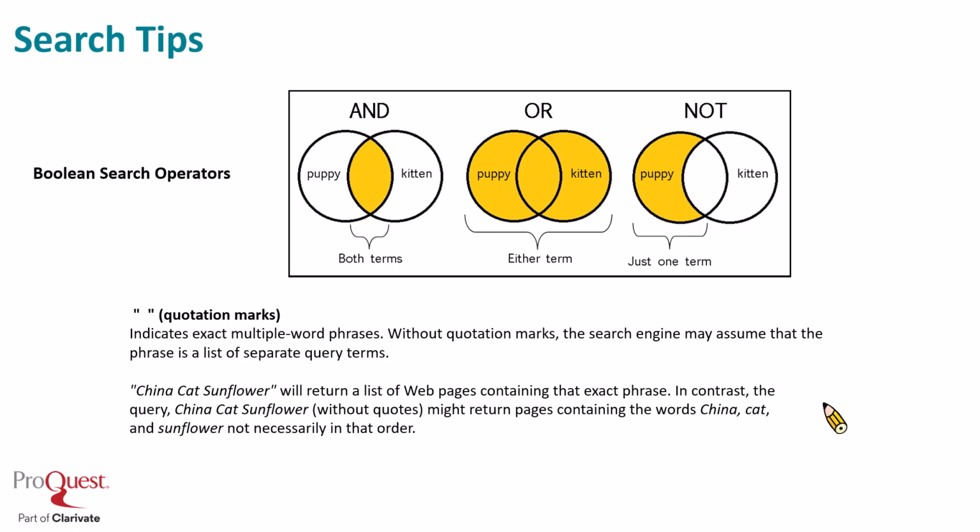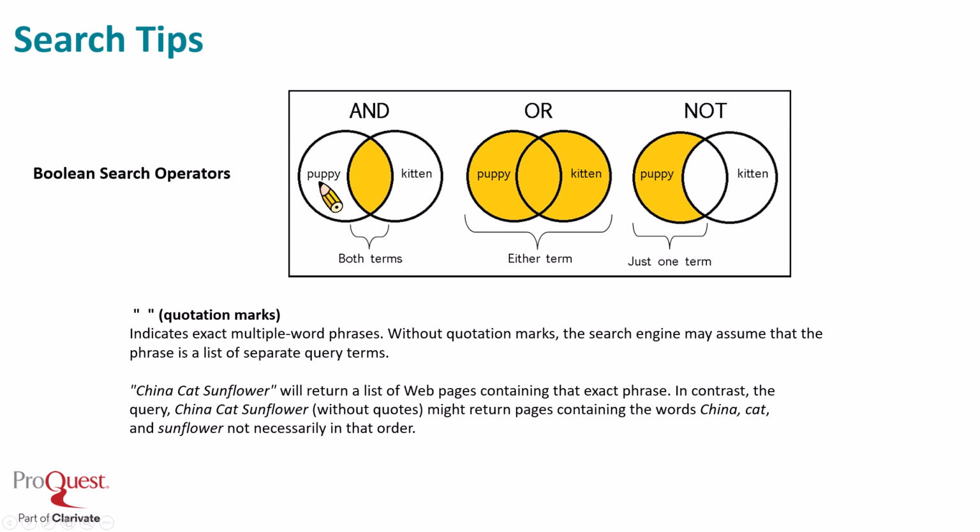Well, I should let you see this slide first. Before I do the live demo, I just want to quickly go through the two most used search tips. The first one is the so-called Boolean search operators: and, or, not. You can use and, or, not to combine more than one search key term.